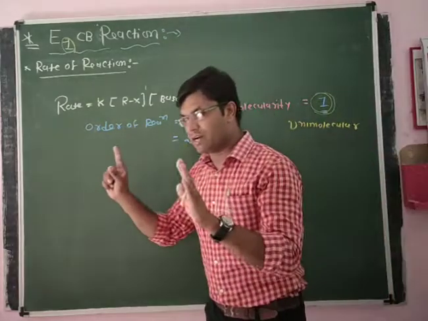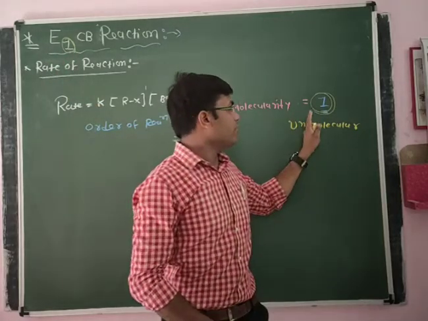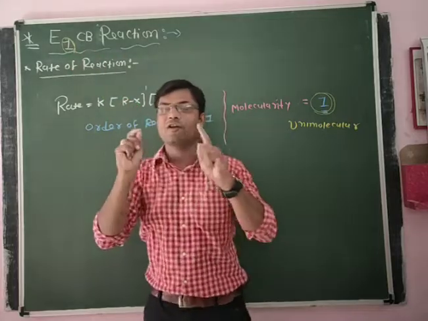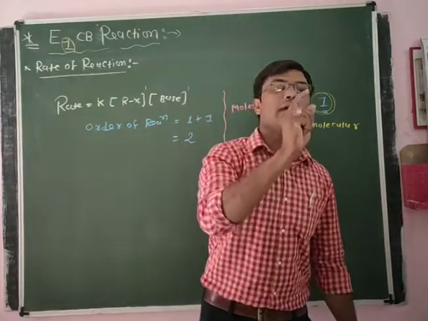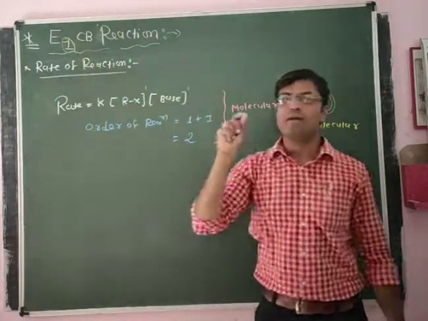So now we will understand very well. E means it is a kind of elimination reaction, and here the molecularity of the reaction is 1, so it is a unimolecular reaction, and this reaction occurs via conjugate base. So we can indicate CB. So it is an E1CB reaction.